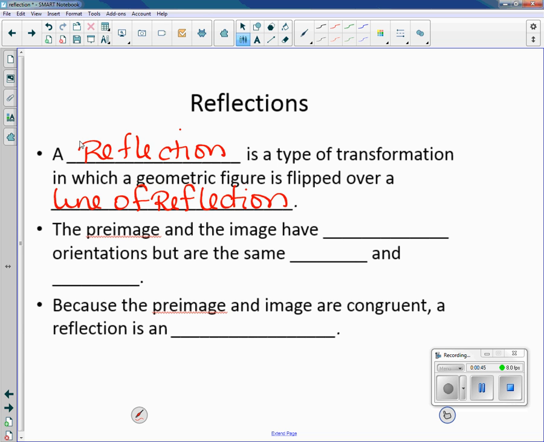The pre-image and the image have reverse orientation, but they have the same shape and size. Therefore, because they are congruent, the reflection is an isometry, okay, which we've already talked about already.